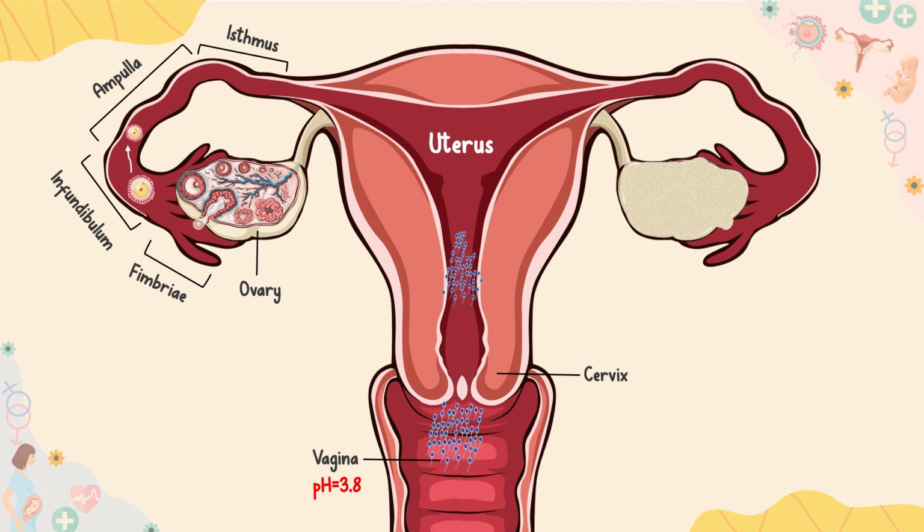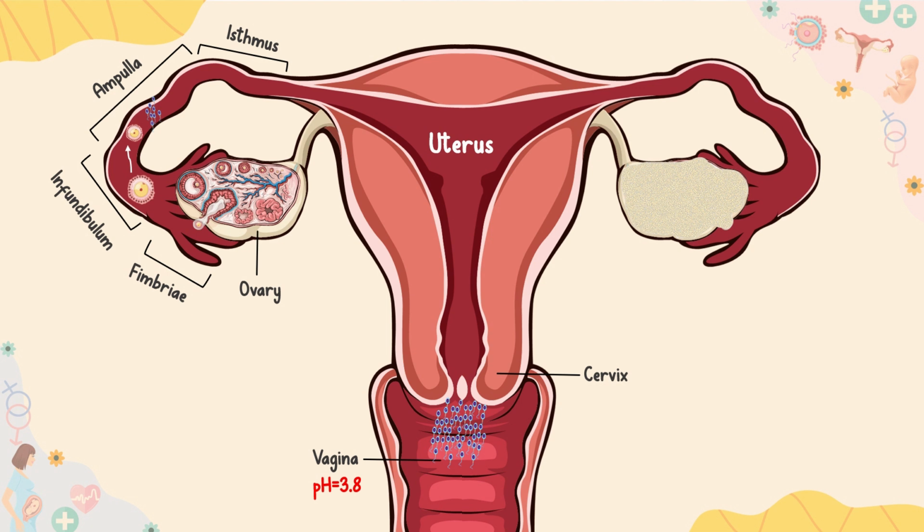While millions of them are prevented from entering the uterus by the thick mucus of the cervix. Out of those that manage to enter the uterus, thousands are destroyed by phagocytic uterine leukocytes. As a result, only a precious few thousand make their way to the ampulla of the fallopian tube, the site where they could find the ovum.